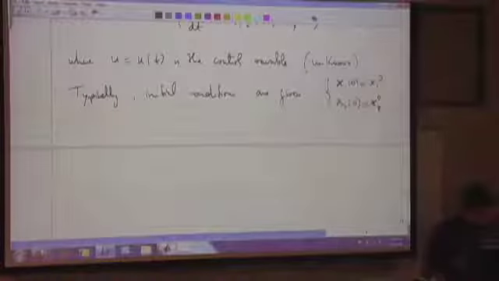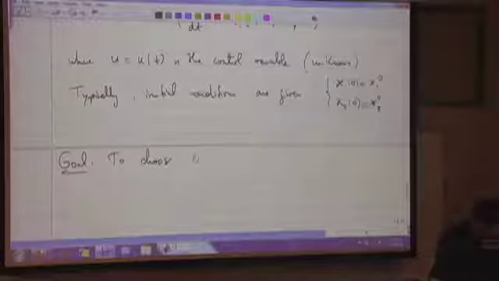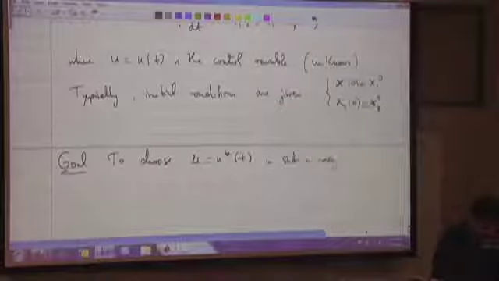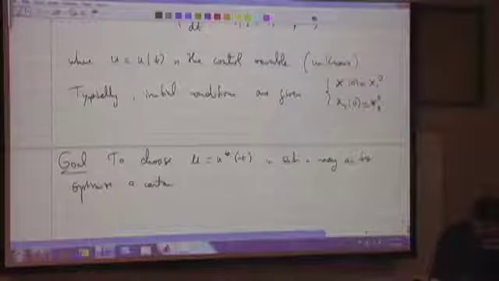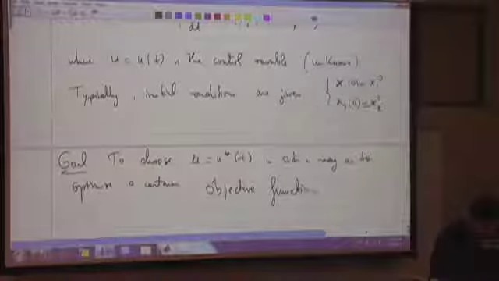So what's the goal? The goal is to choose or find u in such a way as to optimize a certain objective functional.